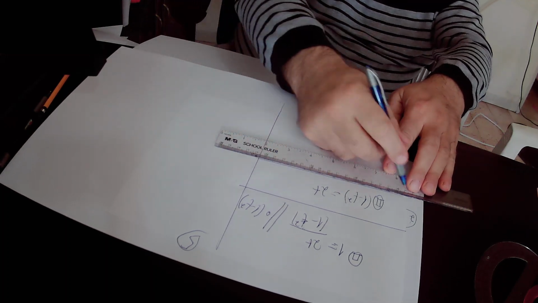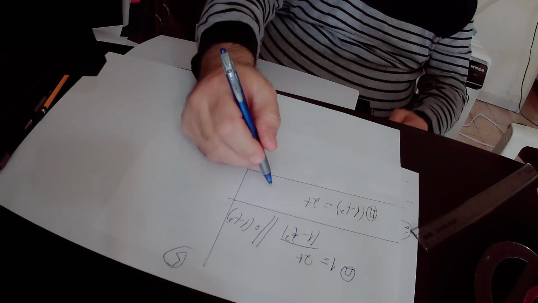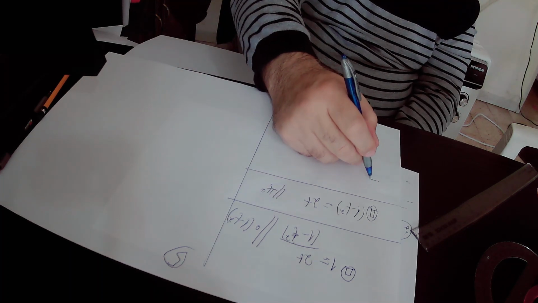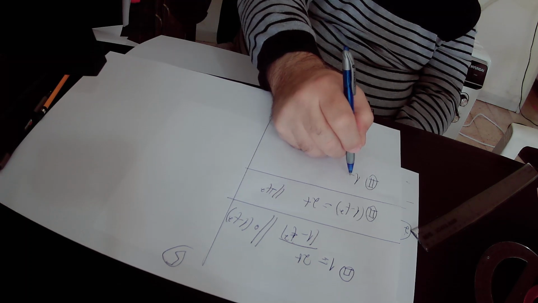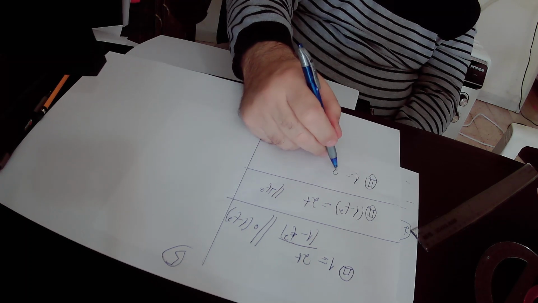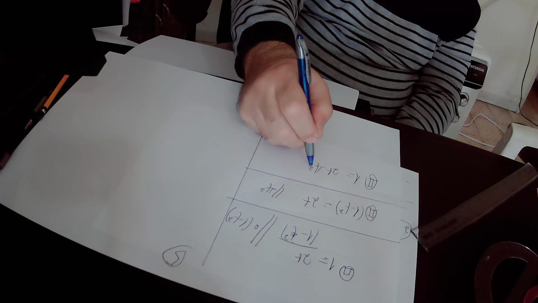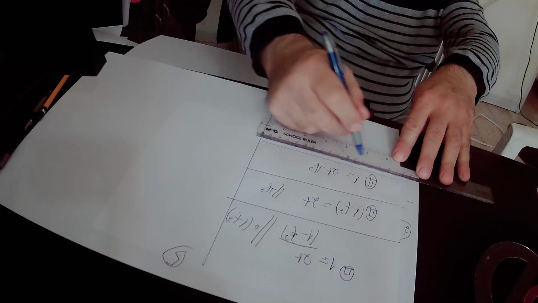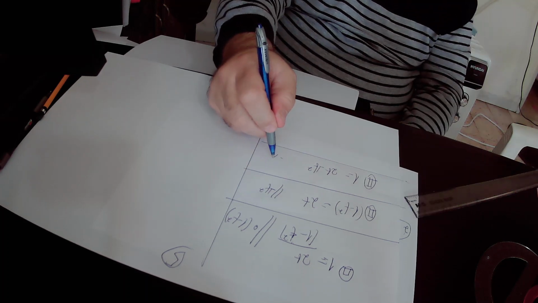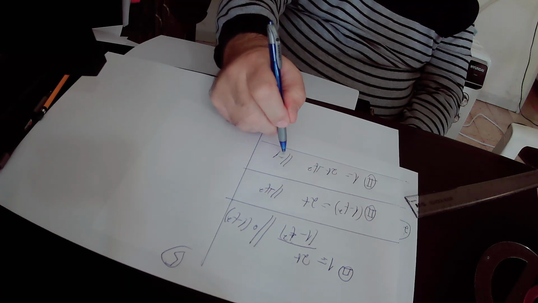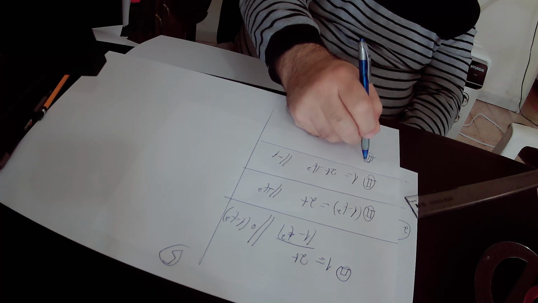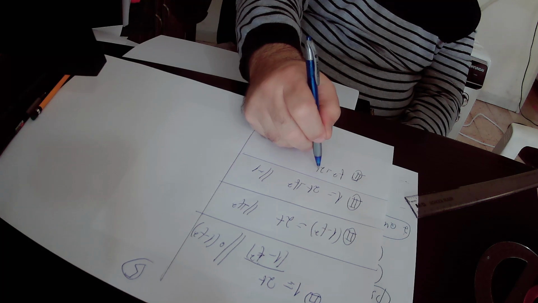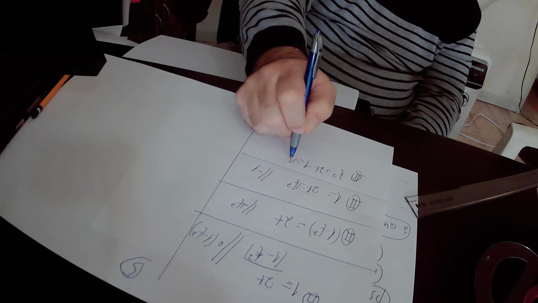Here we will add t squared to this equation, and we get that 1 equals 2t plus t squared. Here we subtract 1 from this equation, and we get that t squared plus 2t minus 1 equals 0.